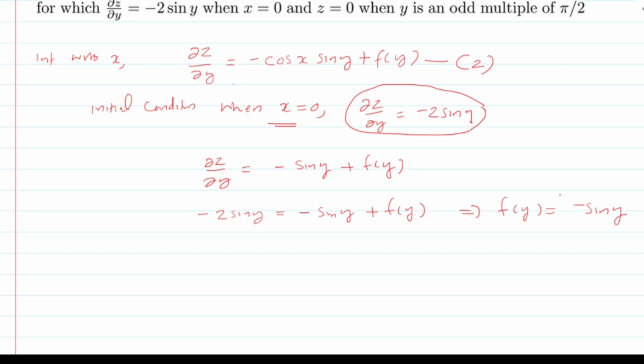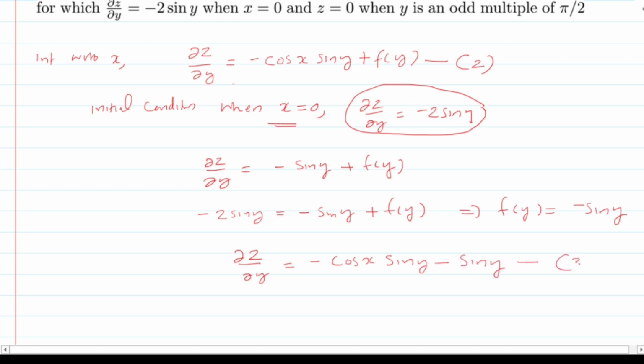Substituting this back into equation number 2, we get ∂z/∂y = -cos x sin y - sin y. We keep this as equation number 3.